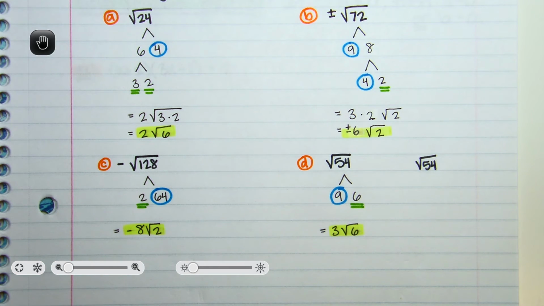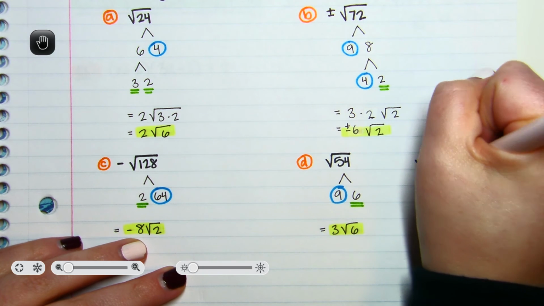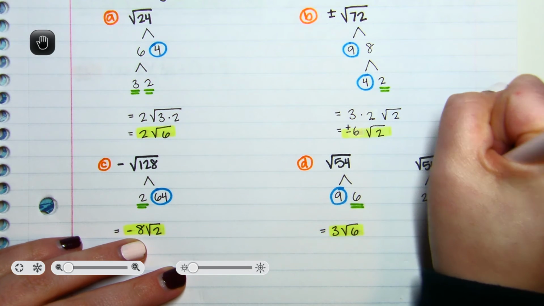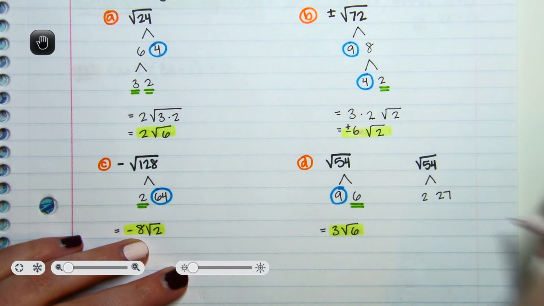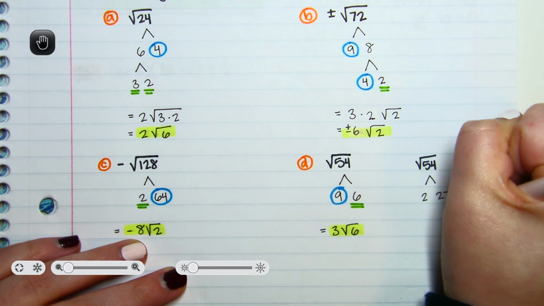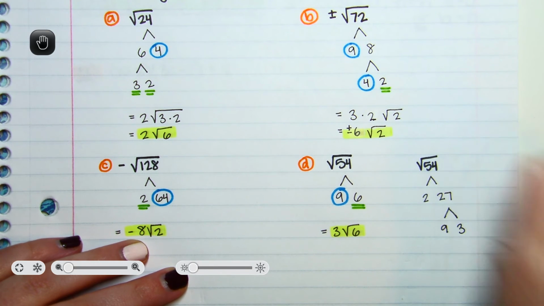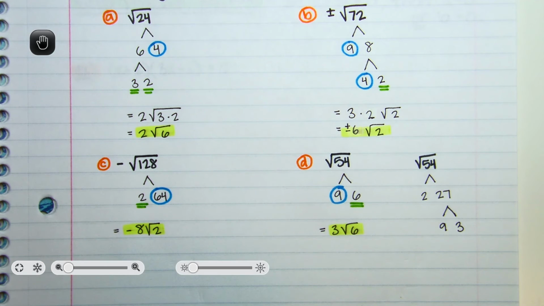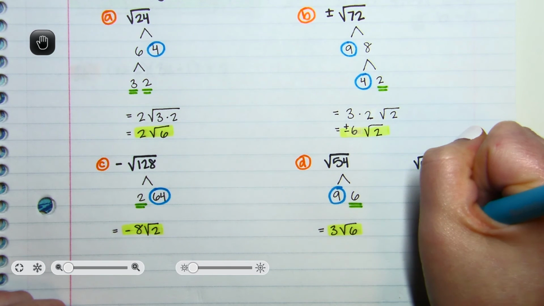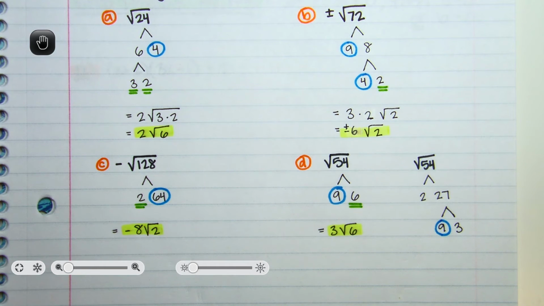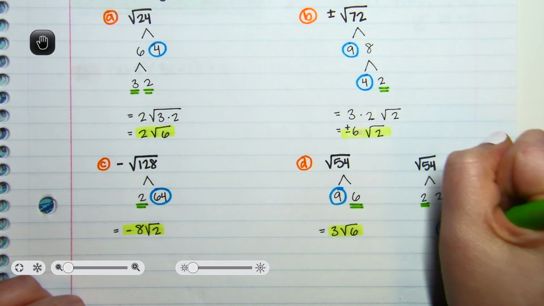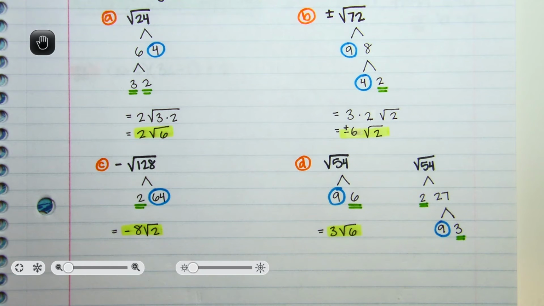So 54, it's even, so we know 2 goes in, and 2 goes in 27 times, and then 27, I know breaks down as 9 times 3. So 9 is a perfect square, and at the ends of all of my little trees, I have a 2 and a 3 left over.